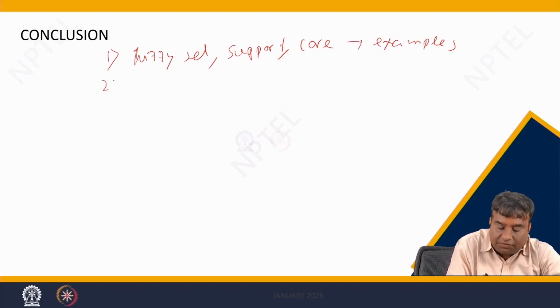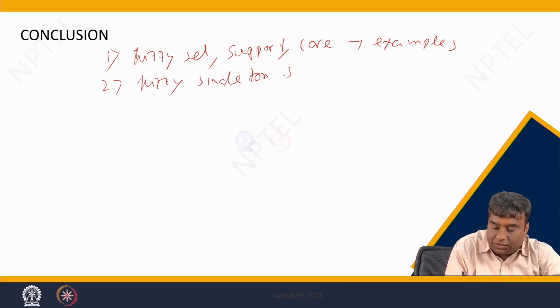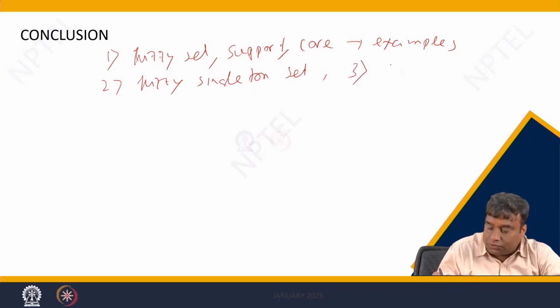We have understood the fuzzy singleton set. We have understood strong alpha cut.